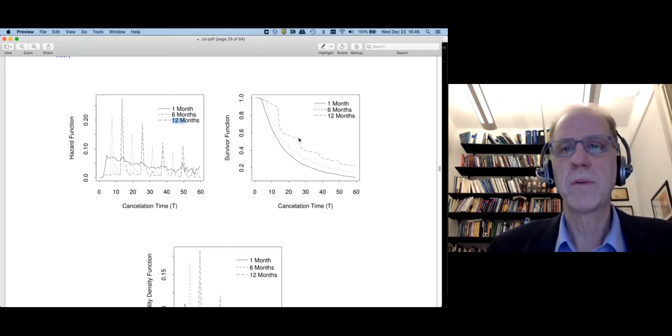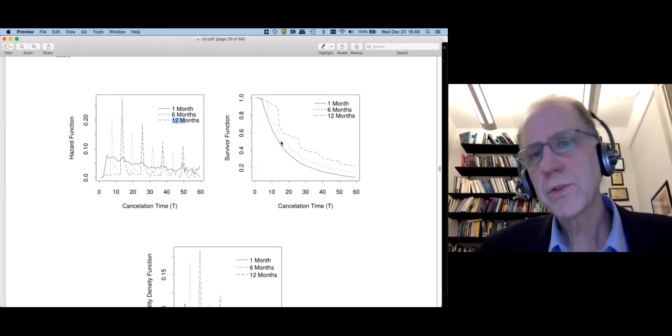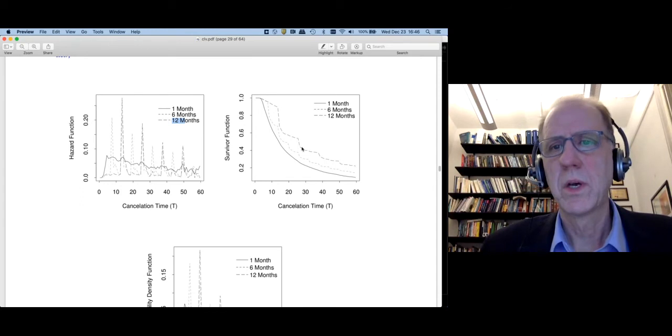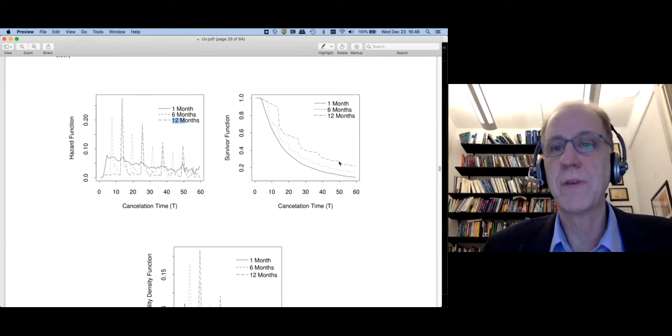Then you do a better job of holding on to them, and then the floor drops out. Whereas you get a pretty steady declining survivor function for the 1-monthers, and the 6 months are somewhere in between. The other thing that's very obvious from this plot is even after a long period of time, the 12-month customers are better. A higher fraction are surviving than with the 1-month contract people.